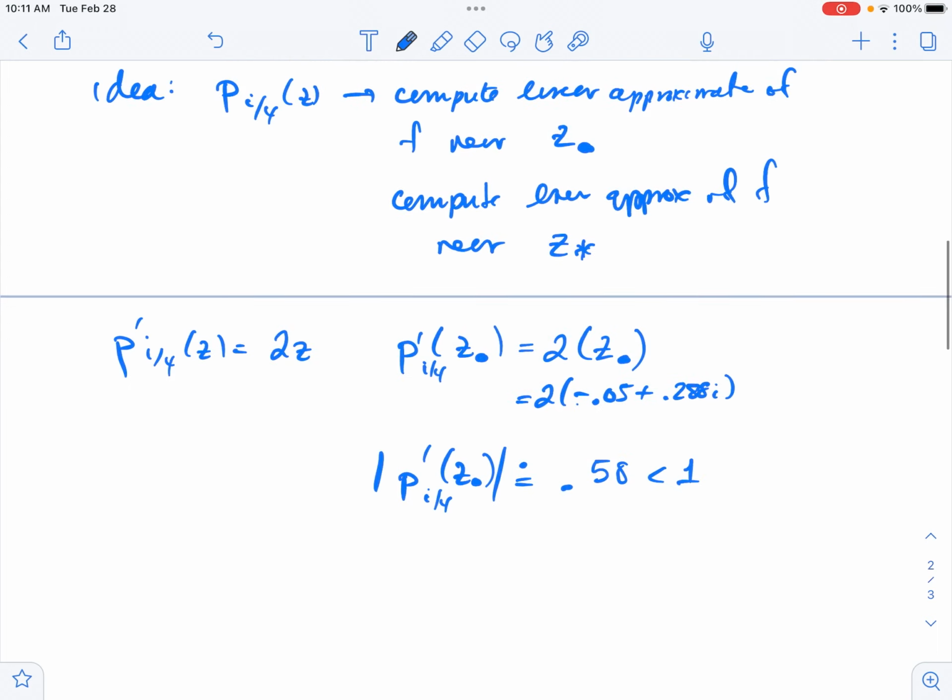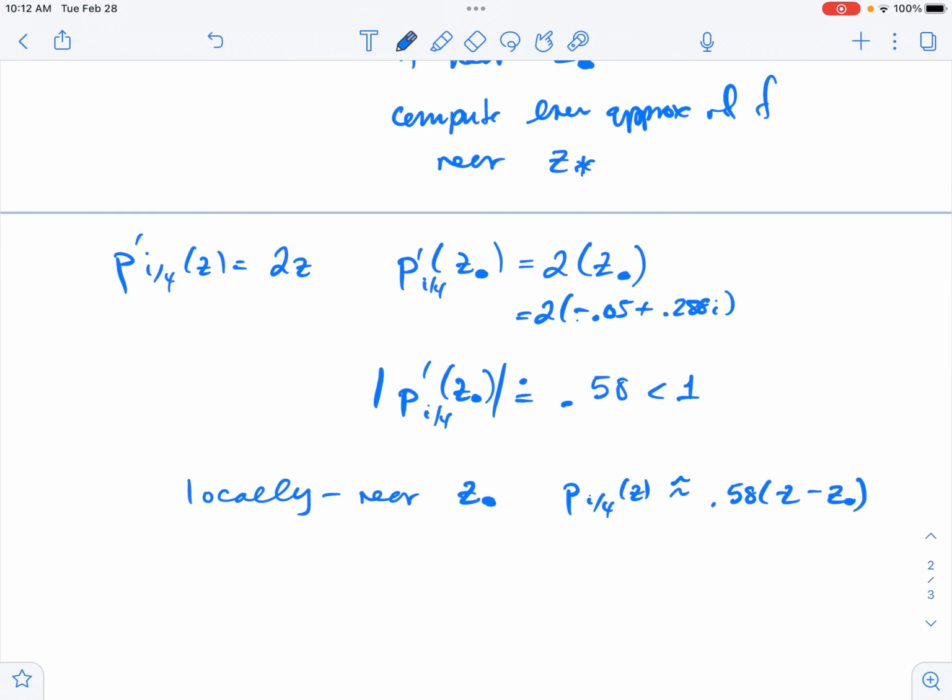And so what we're saying is that if I wrote down the linear approximation for this polynomial at the point z dot, then locally, by which I mean near z dot, we can imagine p_{i/4} of z as being about equal to 0.58 times z minus z dot.